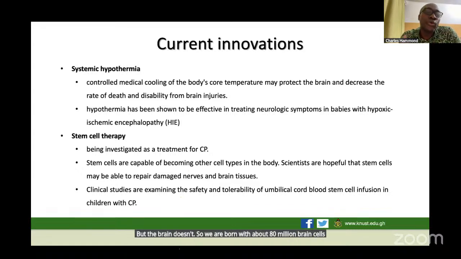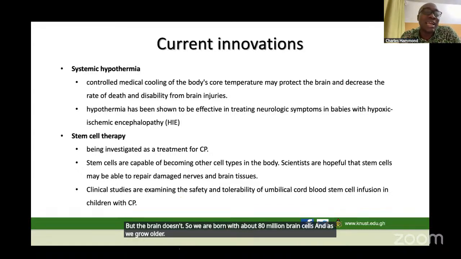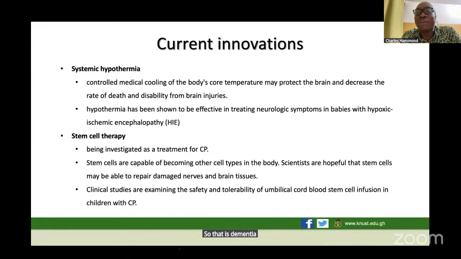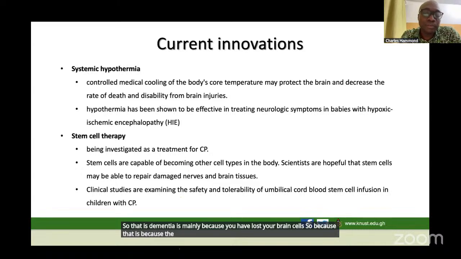And as we grow older, some will be dying and dying and dying until you are 100 years, and then you've lost a lot of your brain cells. And when you have eaten in the morning, you have even forgotten that you have eaten. You say you have not eaten the whole year. So that is, dementia is mainly because you have lost your brain cells. So because that is because the brain is not repairing itself.